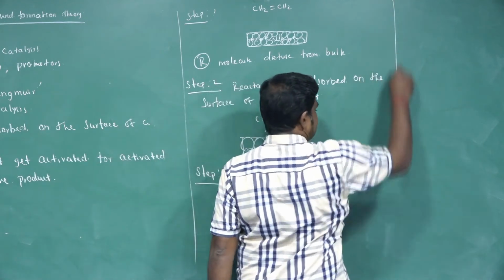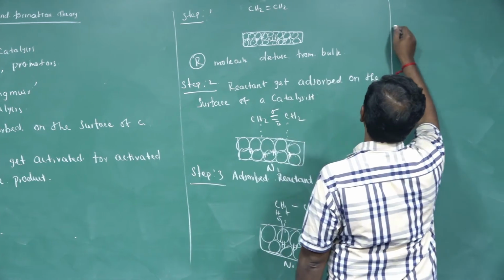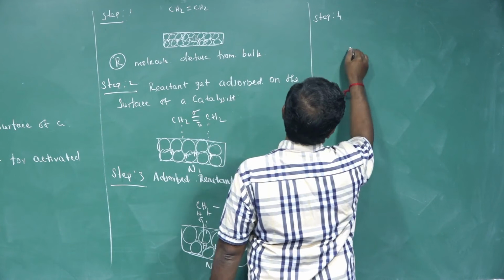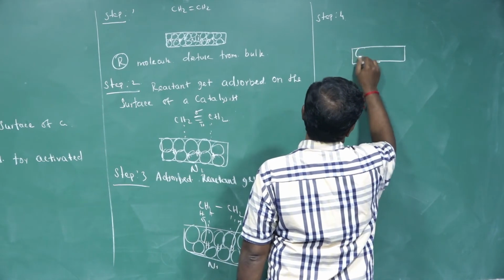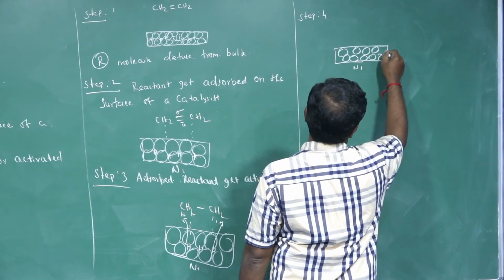Now step 4. What is step 4? Here the nickel catalyst has hydrogen present on its voids.